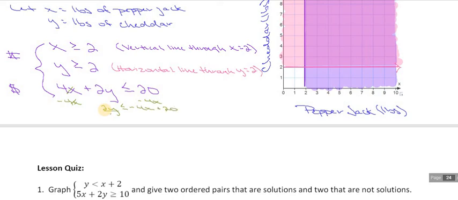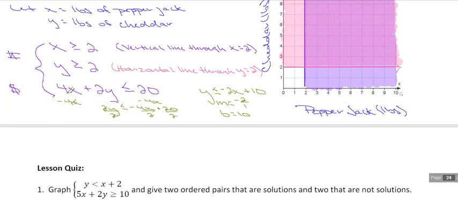And then when we divide both sides by 2, we divide everything by 2, giving us y is less than or equal to negative 2x plus 10. So our slope is negative 2 over 1, and our y-intercept is 10.